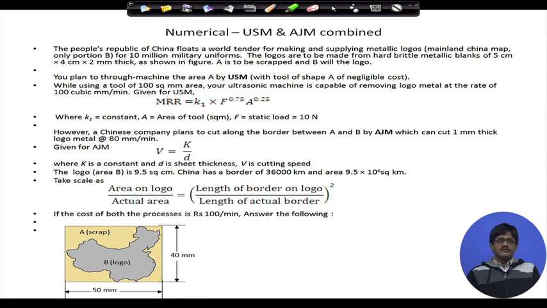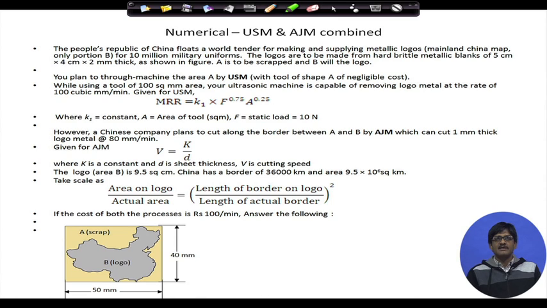However, you have a competitor, a Chinese company that plans to cut along the border between A and B. The Chinese company says that I am not going to use USM. You say why? They will say we are free to use whatever process we want to employ. Ultimately we are supposed to give only the end product, whether I use USM or AJM or whatever, it does not really matter.